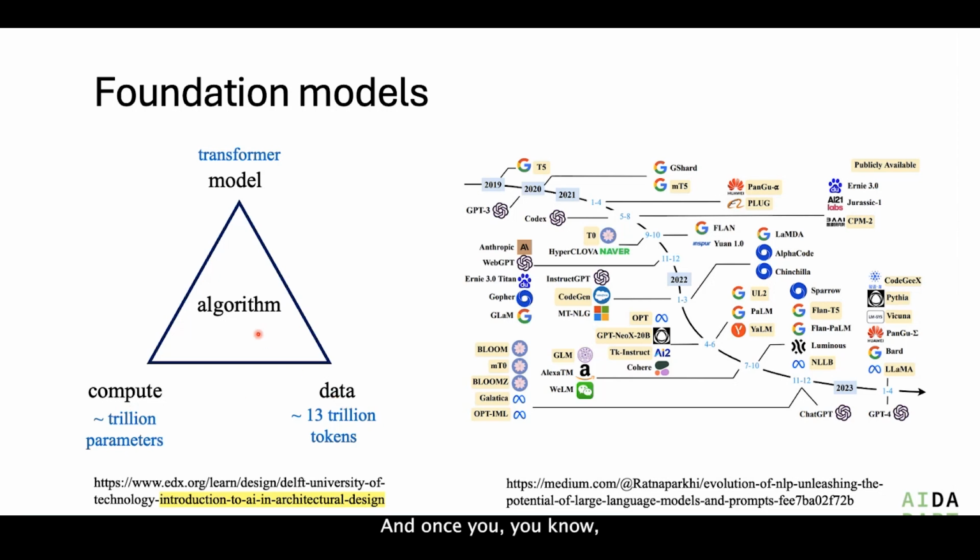Once you have all three, you can have a very successful, in this case, foundation model. My slight modification is that I introduce the model in one of the vertices of the triangle.